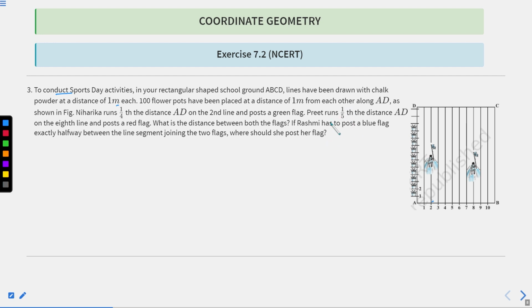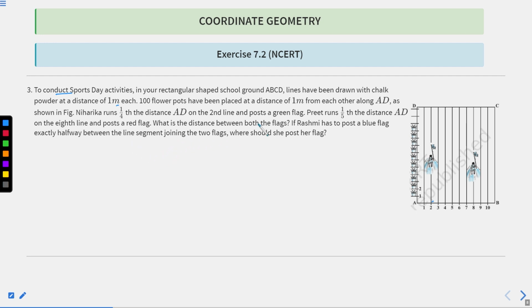And Preet runs 1/5 the distance AD. Suppose this is Preet. Preet runs 1/5 of the distance AD on the 8th line and posts a red flag.